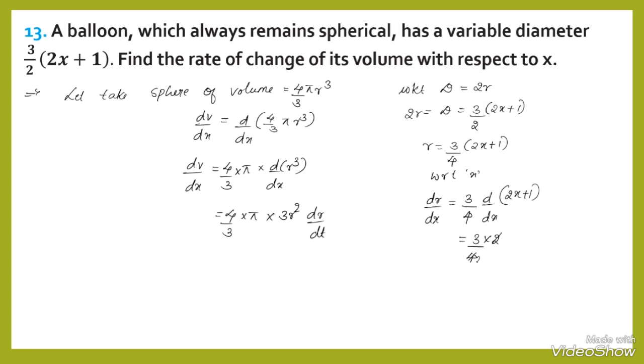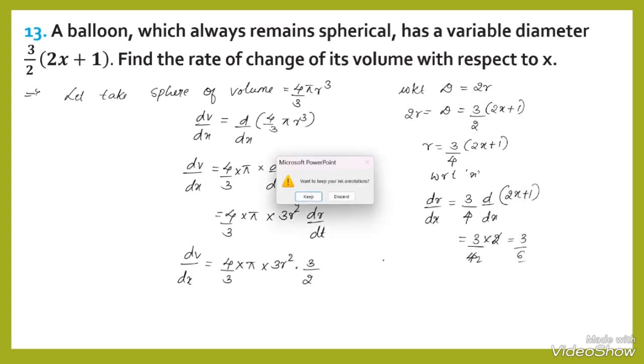Therefore, 2 ones are 2, 2 twos are 4, it becomes 3 by 2. So I can substitute here dv by dx is equal to 4 by 3 pi into 3 r square into dr by dx, which is 3 by 2.